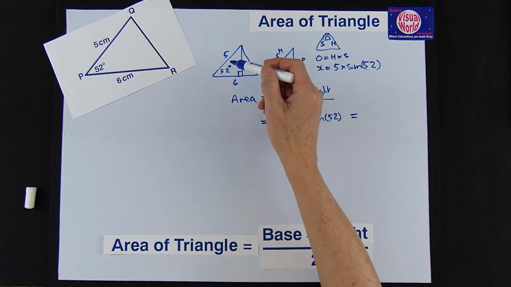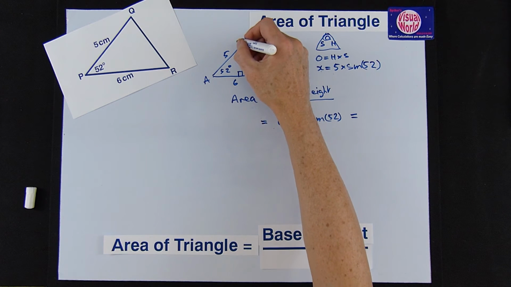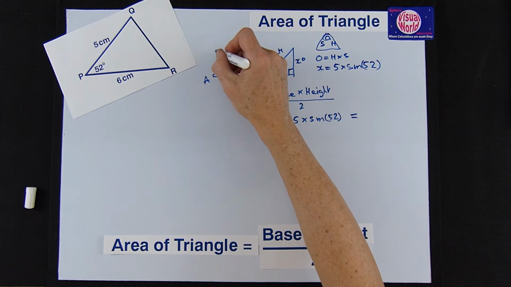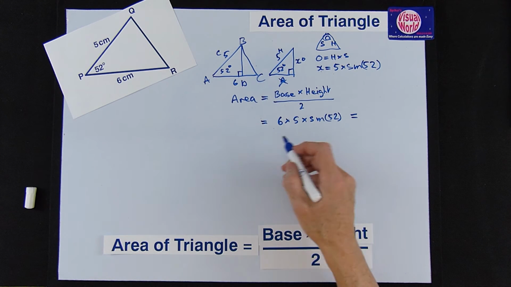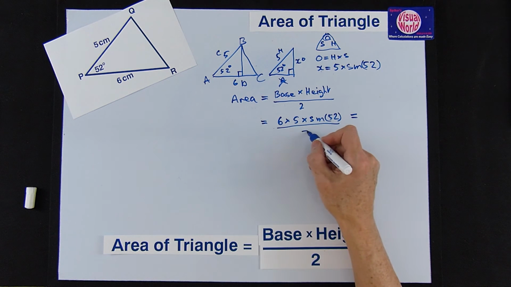Now if we look back at the triangle here, and I'm going to name it A on the angle BC. So we'll get a small c there, small b there, and we can see what we've got from there. Oh, I forgot to put over 2.